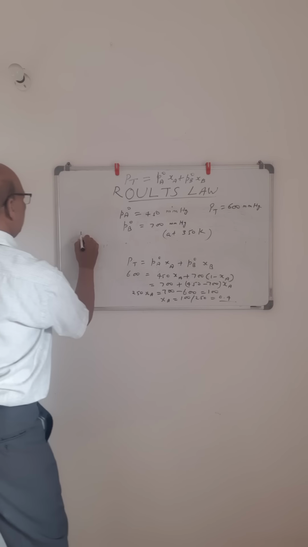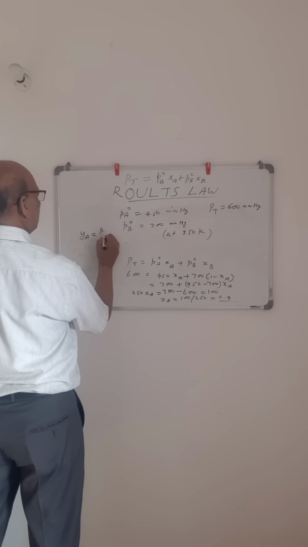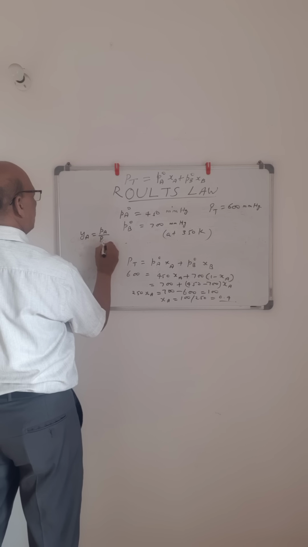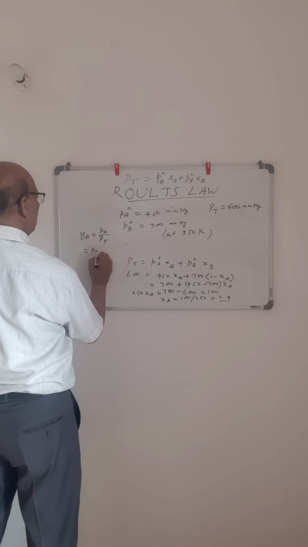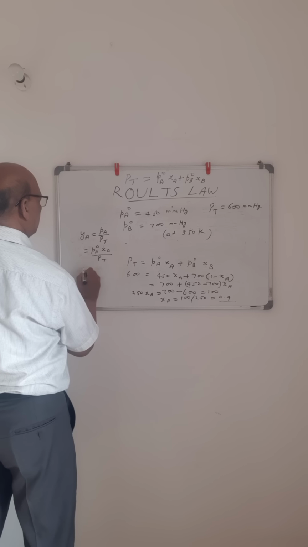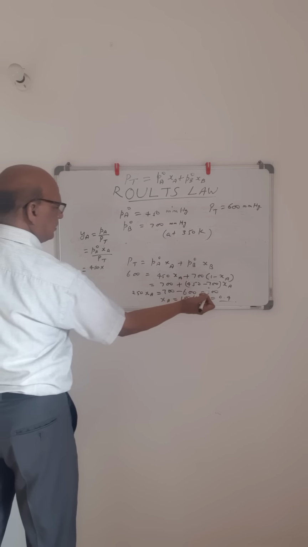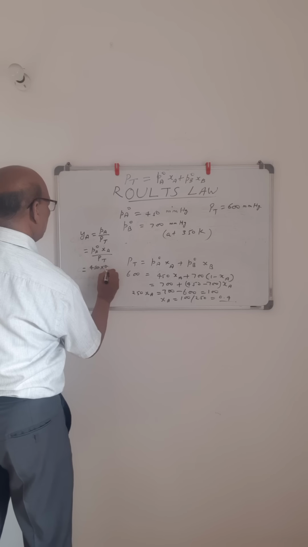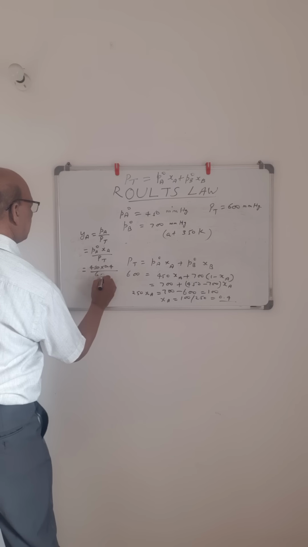If I write YA, that will be the partial vapor pressure of A divided by total pressure, and this is nothing but PA naught XA divided by total pressure. What is PA naught? 450. What is XA? We have found out 0.4, divided by the total pressure, which is 600.